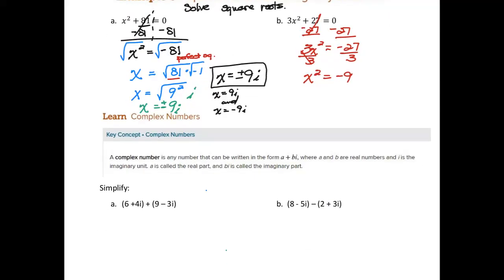Bring out the square roots. The square root of x squared is x equals, anytime you have a square root of a negative number, make it the positive value times negative 1. Right here, 9 is a perfect square. That is 3 squared times the square root of that negative 1.